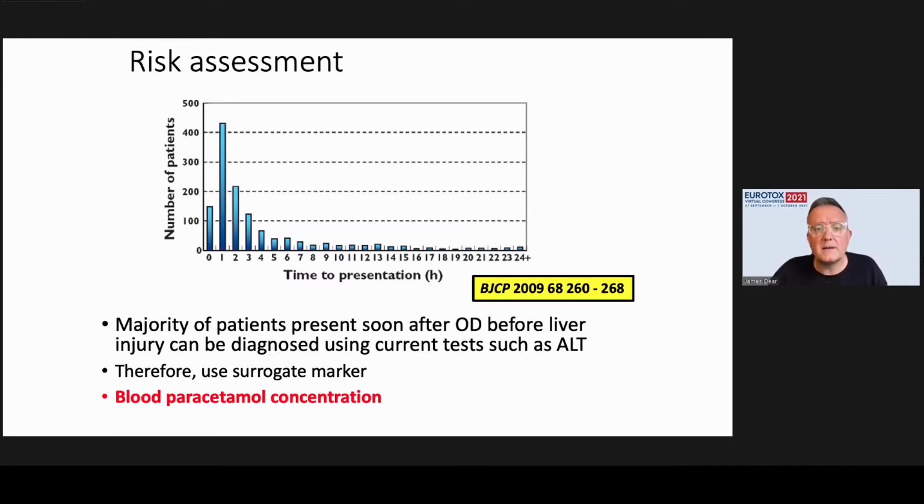Around 80% of overdoses in the UK are deliberate. So most patients arrive in hospital soon after overdose at a time before ALT, the classic liver biomarker, will be raised. So what we use in clinical practice is paracetamol concentration in the blood to risk stratify who needs treatment and who doesn't.